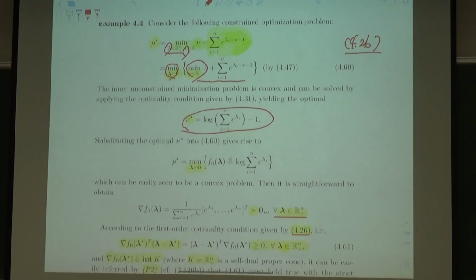Immediately you get the solution in terms of lambda i. Then put nu star back. The problem becomes like this. The objective function becomes a log, like this. Then you solve this problem with lambda greater than or equal to 0. This is a component-wise inequality, so there are constraints here.